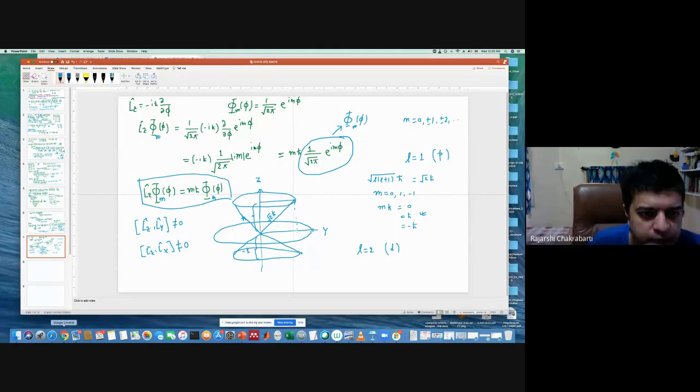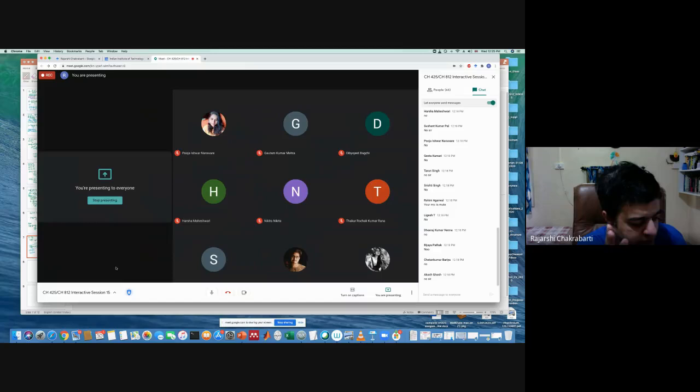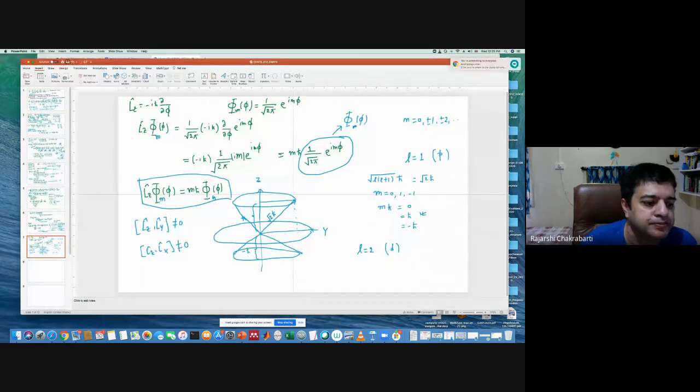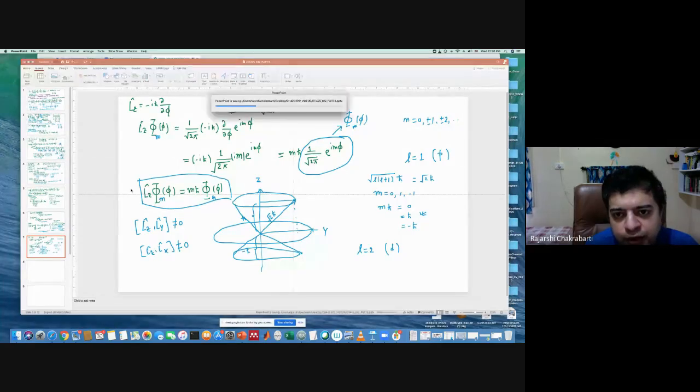Yes. So I think I am going to stop here because I have done many things today. But what I have done today is very important, because you can see that H and L square commute. As a result, they have a common eigenfunction. Your common eigenfunction is the spherical harmonic.